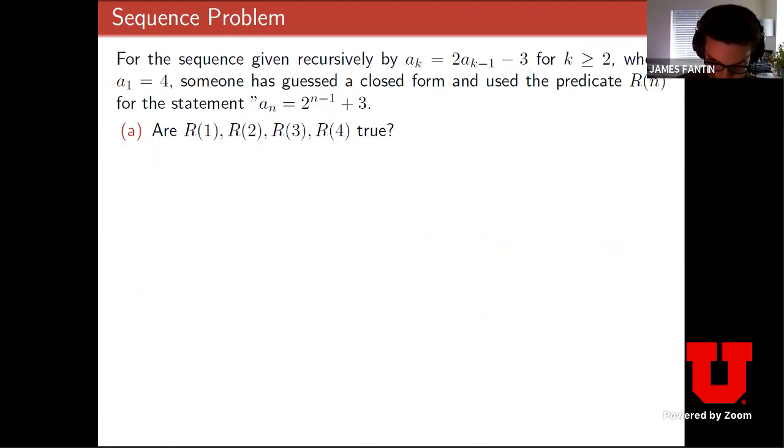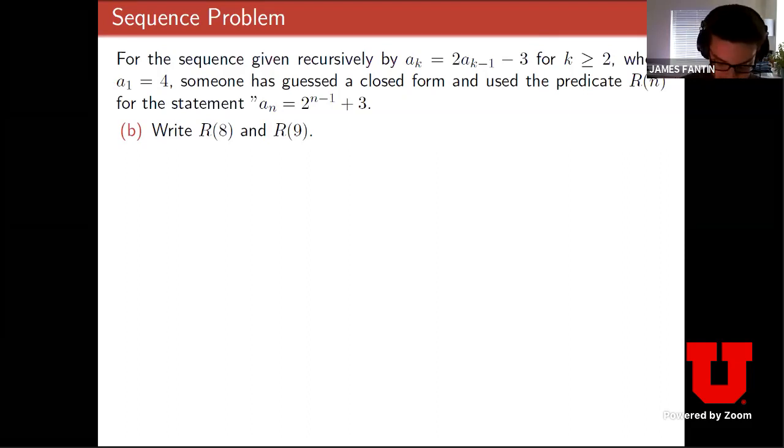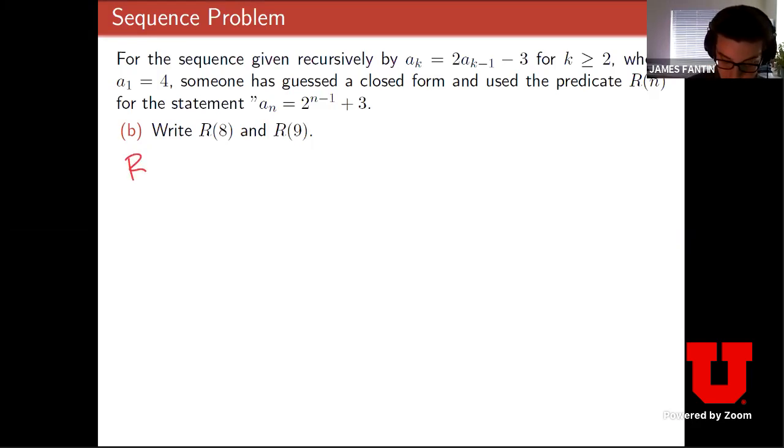So let's jump to the next part, where we're asked to write down the values for a8 and a9. For a8, since we have a closed form formula, we just have that a8 is 2 to the 8 minus 1 plus 3. So 2 to the 7 plus 3, which is equal to 131.